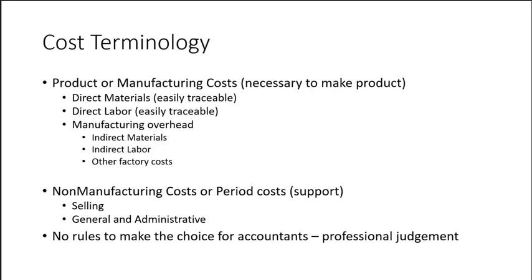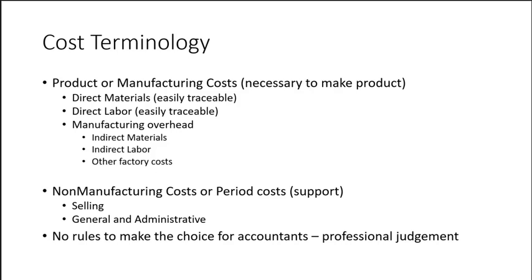That's an indirect material because you probably can't see how much you actually use. It's a small amount on each individual bicycle. In total, it might be a lot of grease, but it's not something that you can easily trace to a particular one. There's not a formula that says put this much grease on each bicycle. So that would be an indirect material.